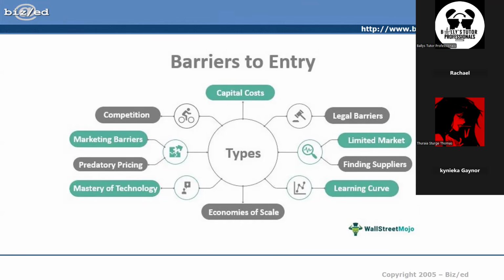Competition could also be a barrier to entry. I love to use this example. In Trinidad, we have two beers called Stag and Carib. Stag is owned by Carib right now, but it wasn't always like that. Stag used to be a competitor to Carib. Carib was the first company, and then Stag came along, and Carib did not want Stag in the market. So Carib dropped the prices of their beers to $2.